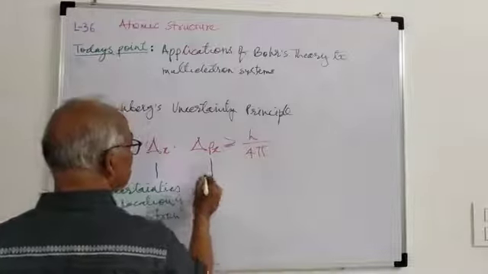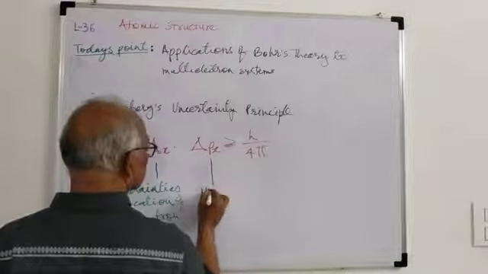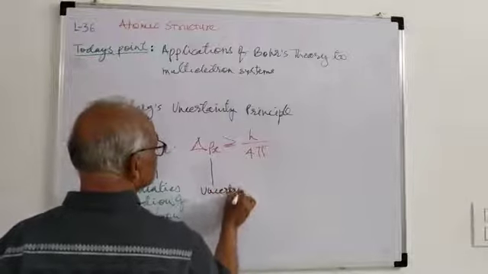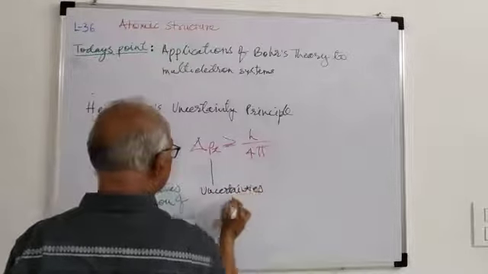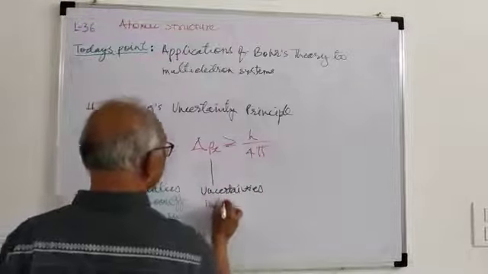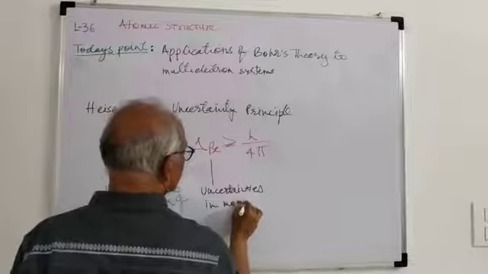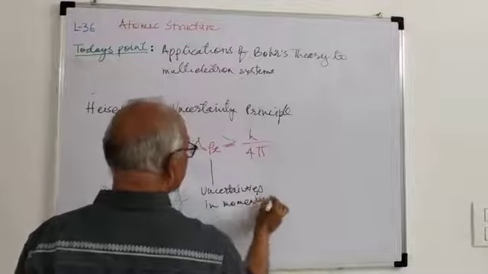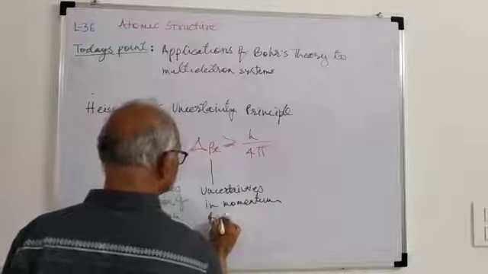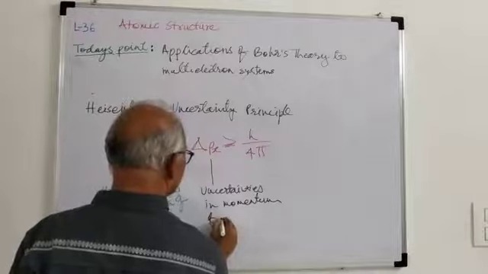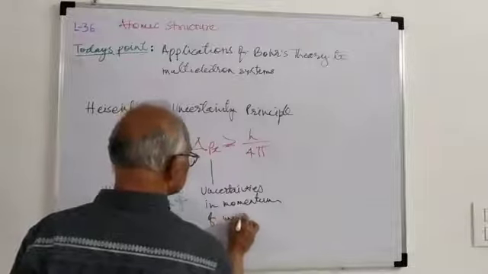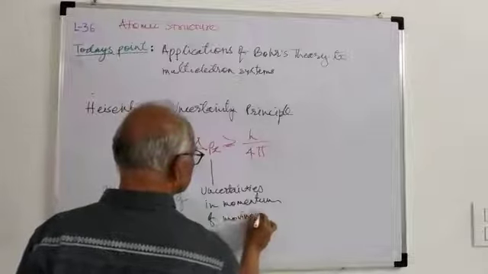Then delta px is the uncertainty in the momentum of a moving electron.